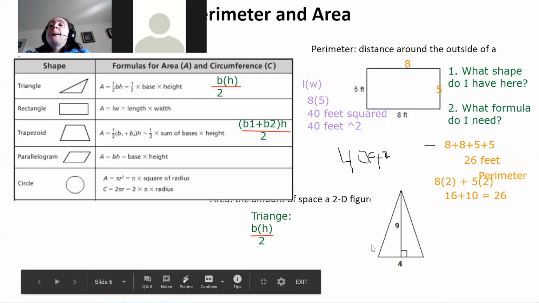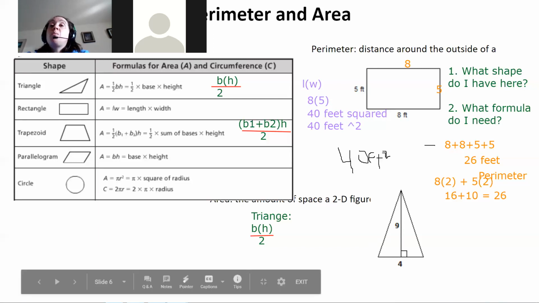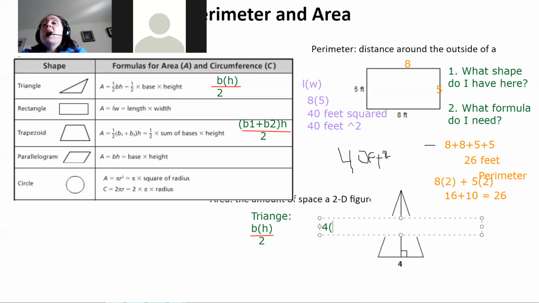Okay, so base times the height divided by 2. What am I going to multiply together? What is my base of the triangle that I'm given? 4, yup. So I'm going to take 4 and multiply by the height, which is what? 9, yup. And then I'm going to divide by 2.